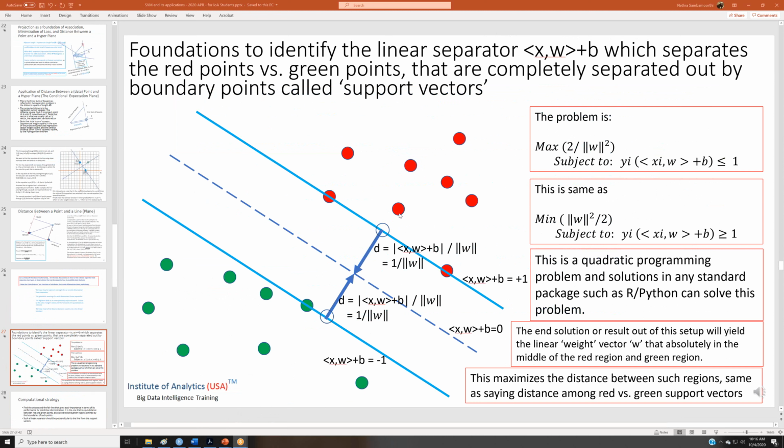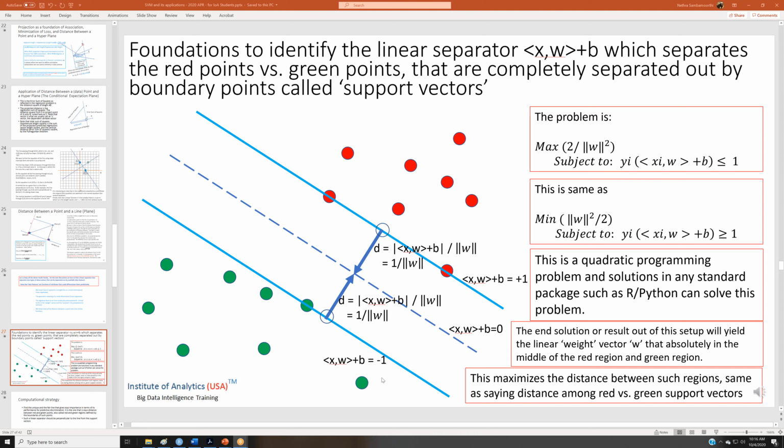So basically I am going to maximize. Remember maximum margin? That's what we are saying. Maximize 2 over W square. W square refers to the L2 norm of the linear parameter values. A, B, C there, those are the values in W. Are you with me?